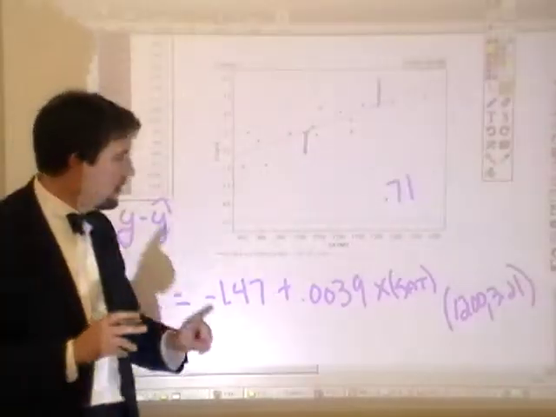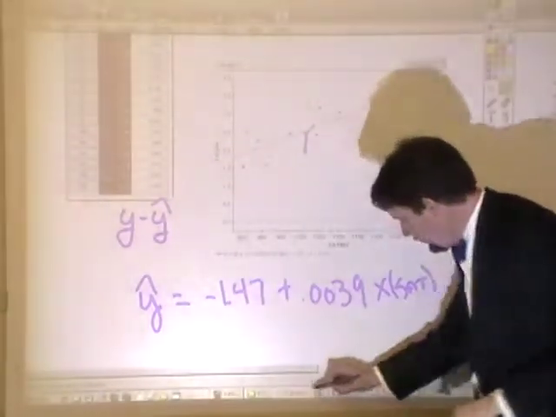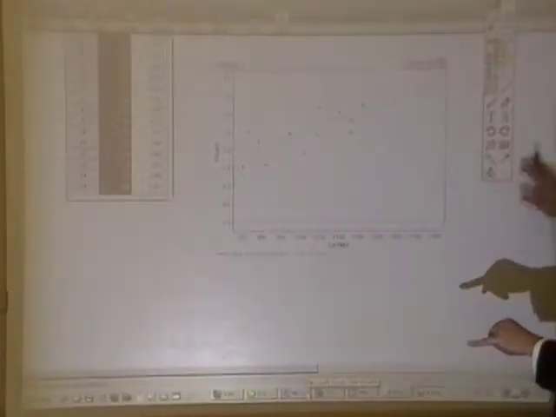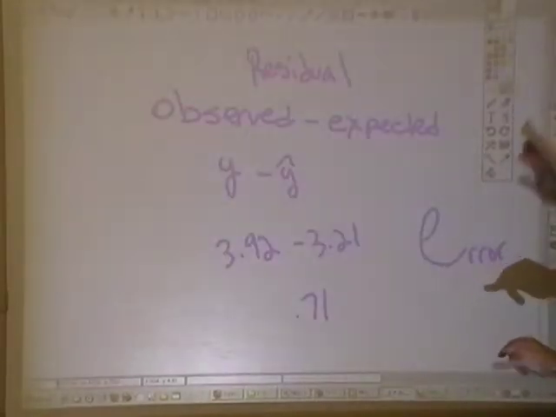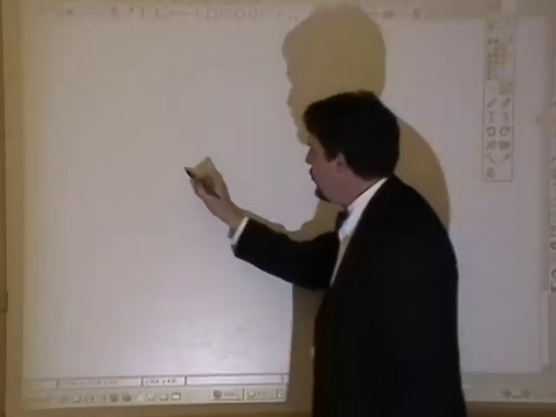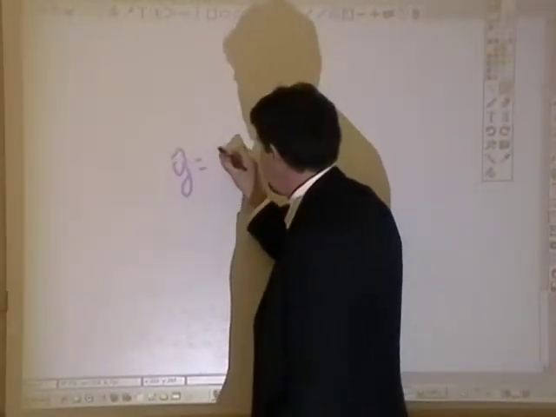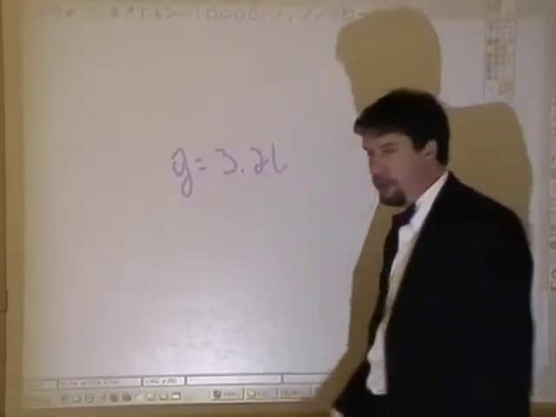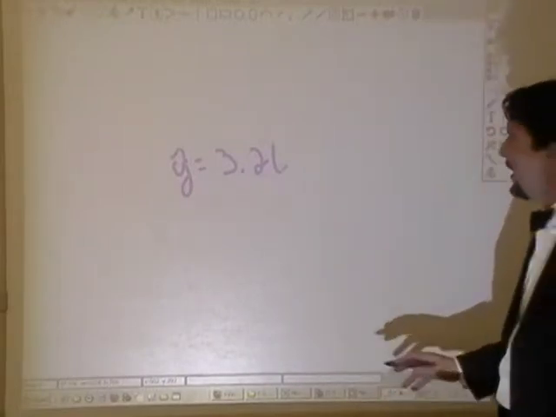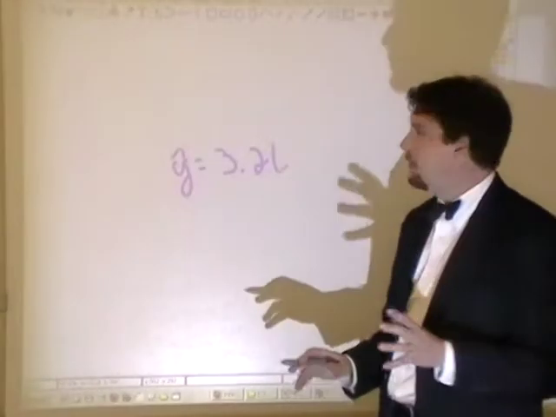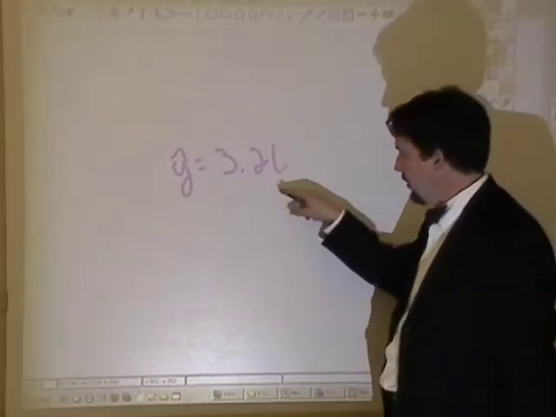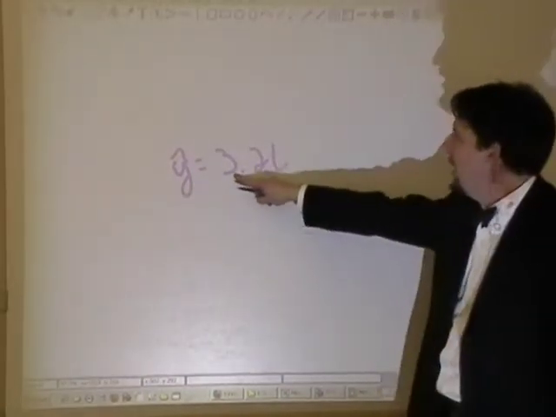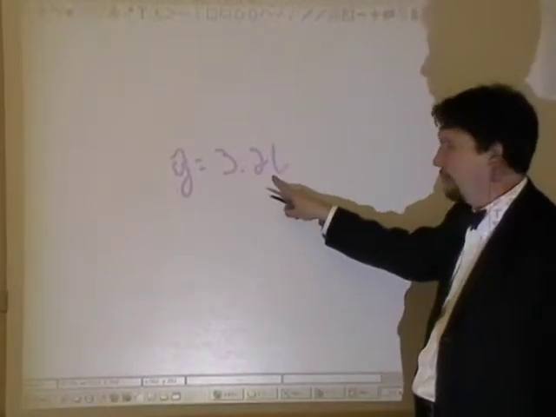So, keeping that in mind, let's leave this for a second and come back to these pages right here. Now, here's what we had. We had that y hat is 3.21 for our x value, our SAT score of 1200. So on the line of best fit, with an SAT score of 1200, we had a predicted freshman year GPA of 3.21.